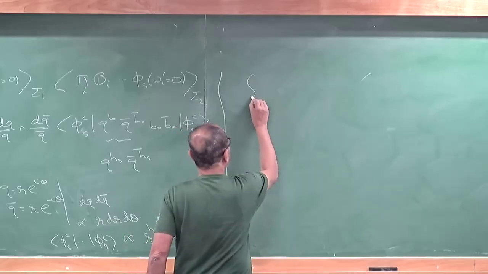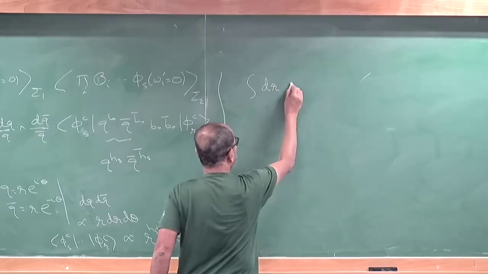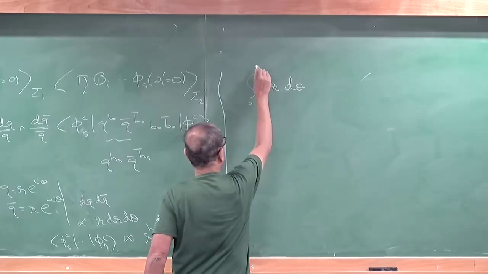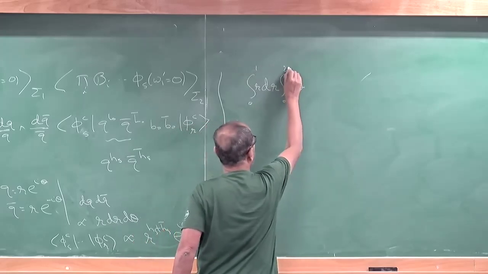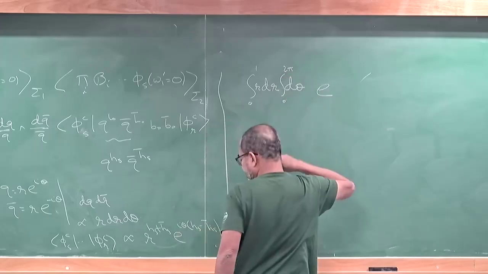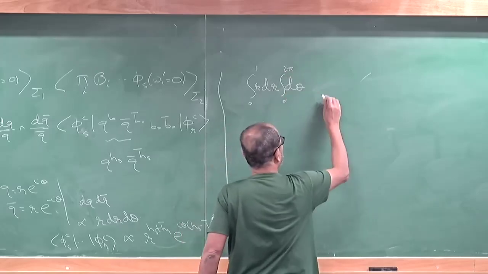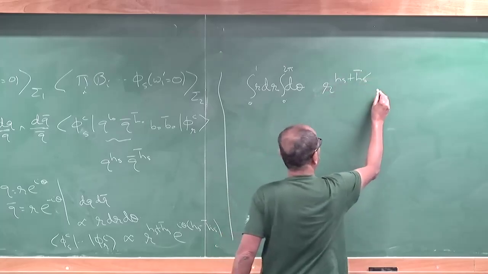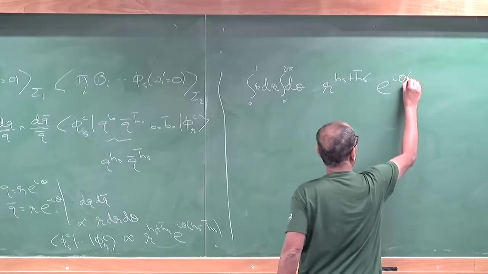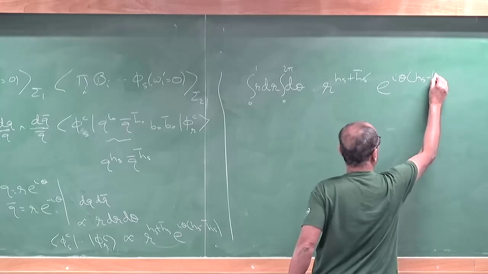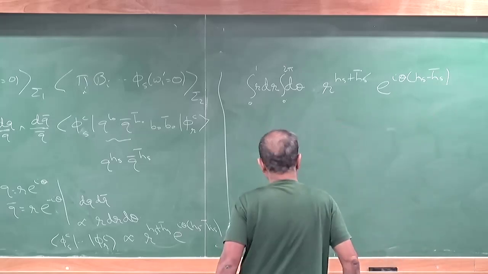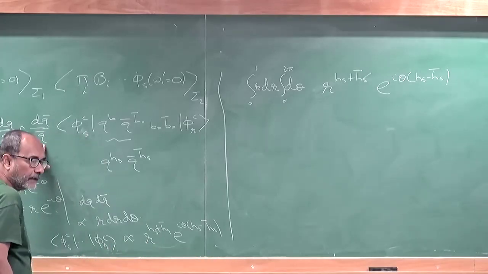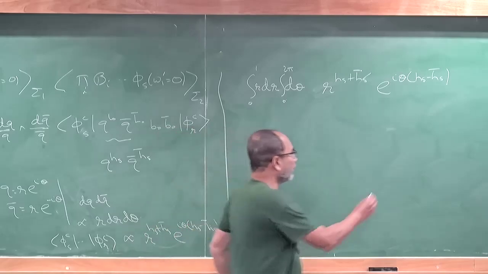So we have the integral dr d theta, r dr d theta. So let me write this: r from 0 to 1, theta from 0 to 2 pi, r to the power HS plus HS bar, e to the power I theta HS minus HS bar. And then finally, we have a dq over q, dq bar over q bar. Okay? So times 1 over r square.